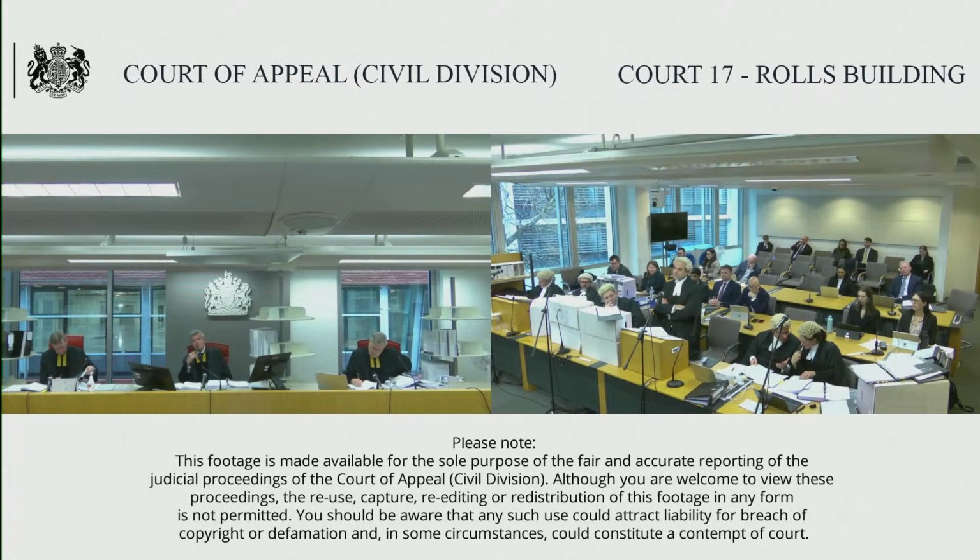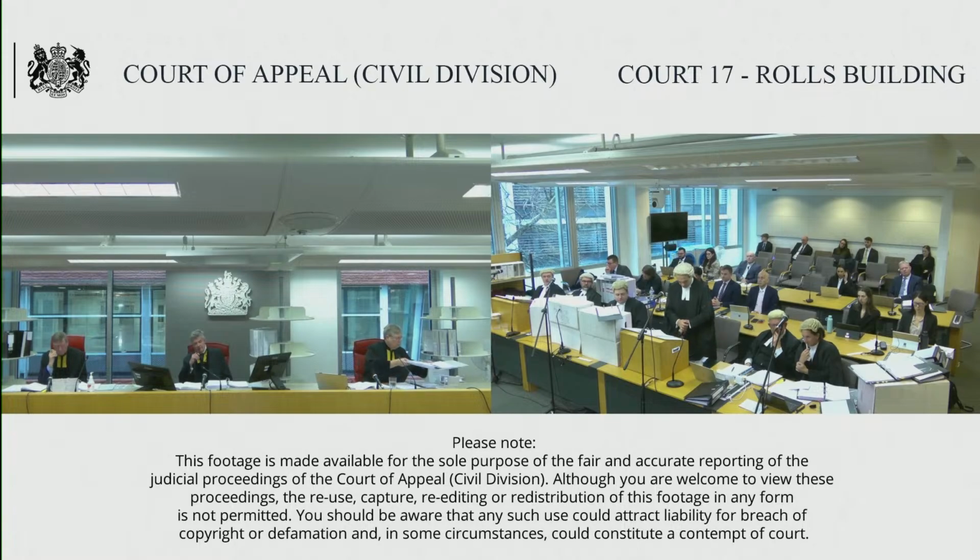Now, of course, if that's the meaning of the savings clause, that's the meaning of the savings clause, but we rely on the reasoning in Princess Theatre that that is not the meaning of the savings clause, which, if one steps back and looks at it clearly, just asks about the charges and expenses, which means what money was paid for what, we say, my lord. And we say, therefore, Mr. Justice Butcher and Mr. Justice Jacobs fell into error. And that is what I wanted to say about ground one.